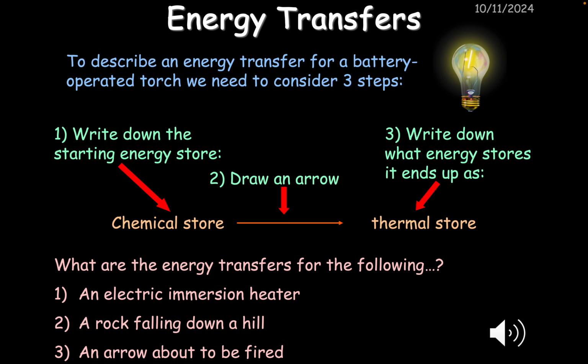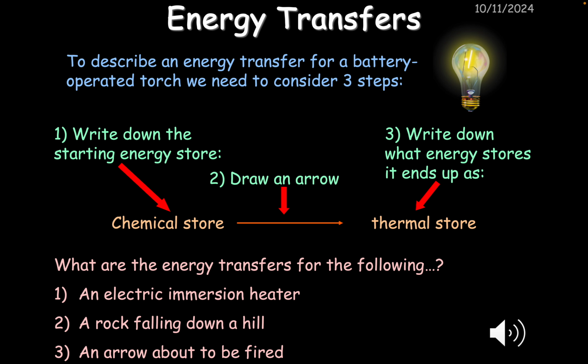It's converting gravitational potential energy by means of a mechanical energy transfer, and basically the gravitational field of the Earth is doing the work, and it's converting it from gravitational potential energy high up on the top of the hill to at the bottom of the hill. It will convert it into kinetic energy. The store will go from gravitational to kinetic.